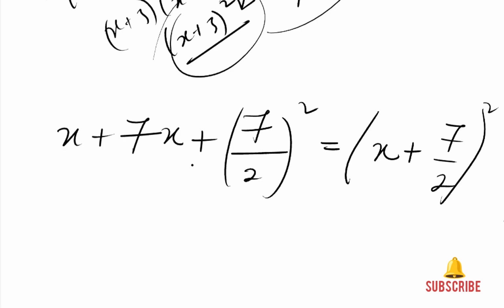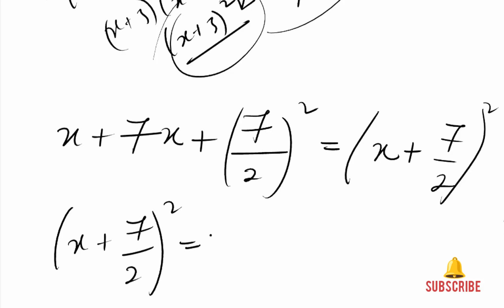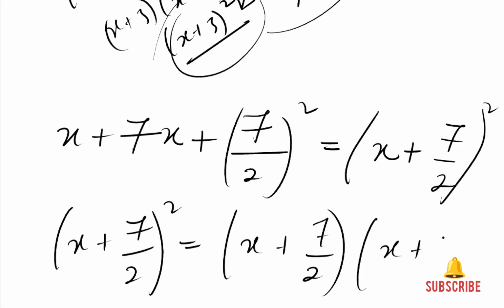So you can try it out and check if it's correct. You can open this bracket to check it. We have x plus 7 over 2 all raised to power 2. Let's try to open this bracket. We have x plus 7 over 2, x plus 7 over 2.